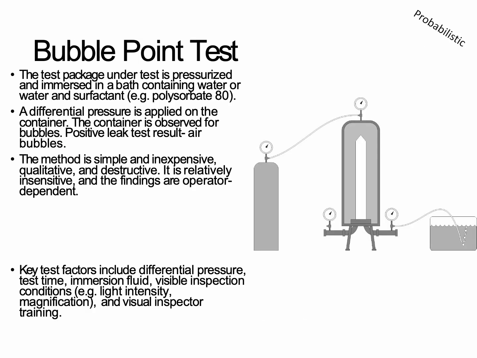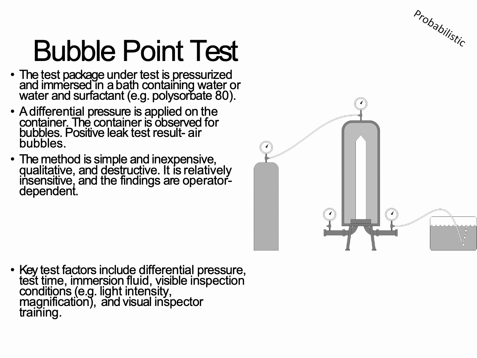Now let's go over a few selected tests. Here, let's talk about a probabilistic test, which is the bubble point test. What we do here is that the package under test is pressurized and immersed in a bath containing water, or water and a surfactant like polysorbate 80.